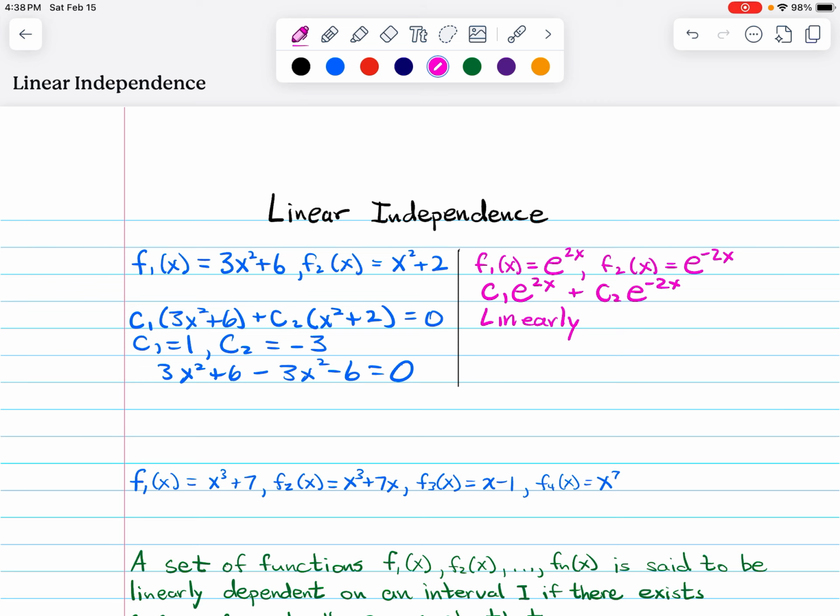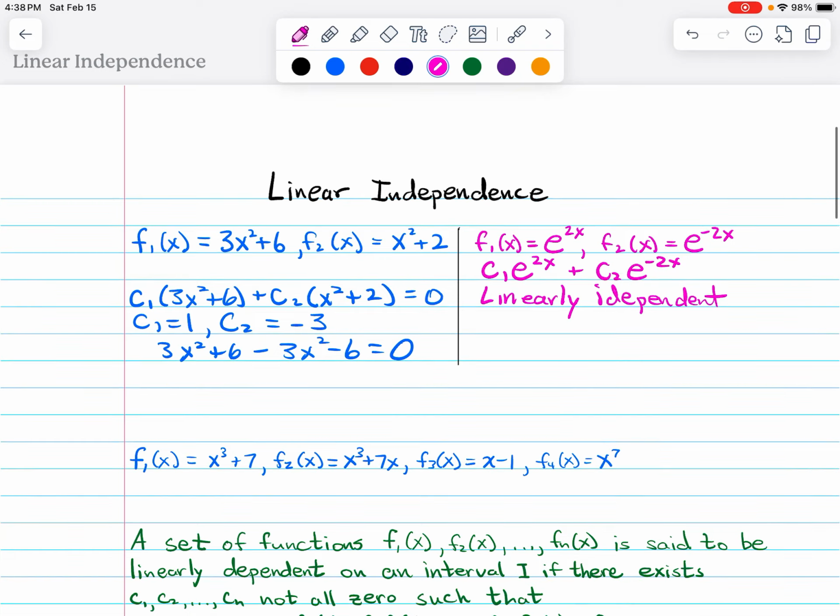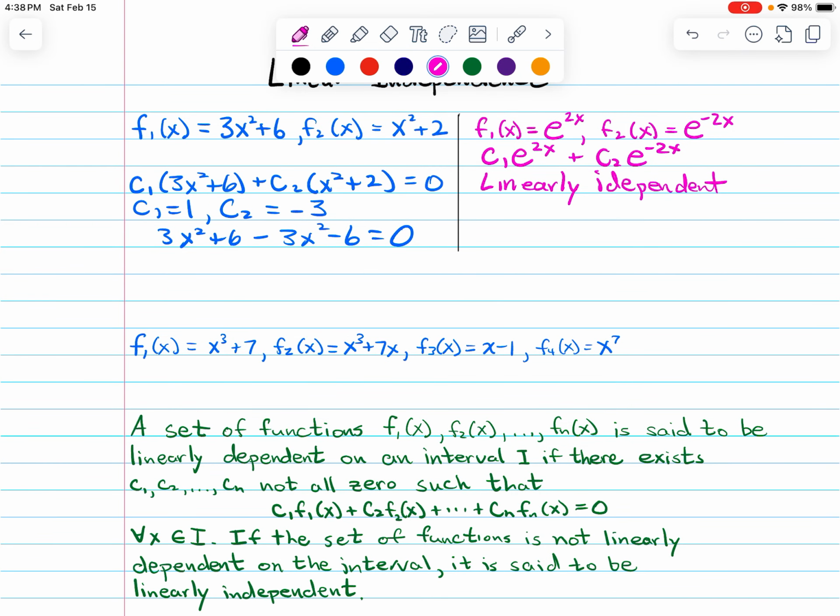So that's what we're going to be trying to do, determine if a set of functions are dependent or independent.